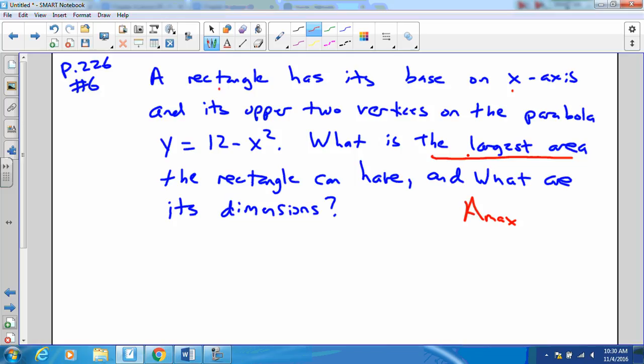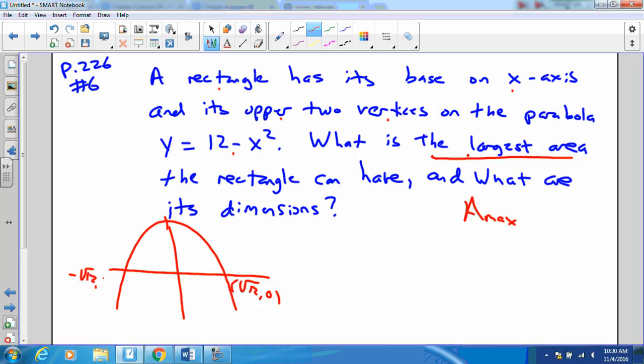Now, we need a sketch of our situation. We have a rectangle. Its base is on the x-axis, so I need to draw myself a coordinate axis here. And the upper two vertices are on the parabola y equals 12 minus x squared. So I need a sketch of that guy. And that's going to have zeros at root 12 comma 0, and negative root 12 comma 0.